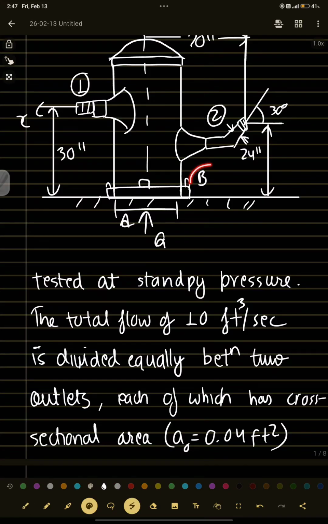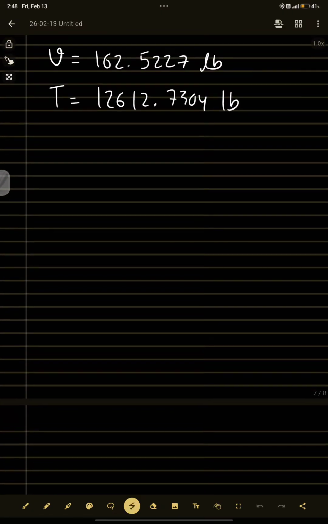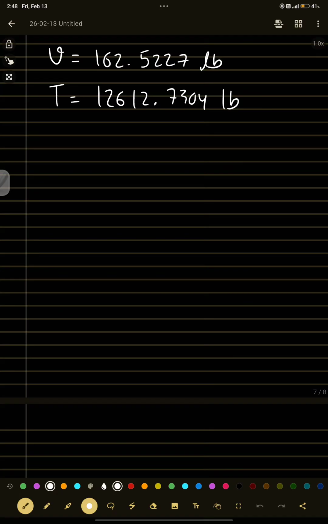If you choose this point, then please solve the second part, bending moment.